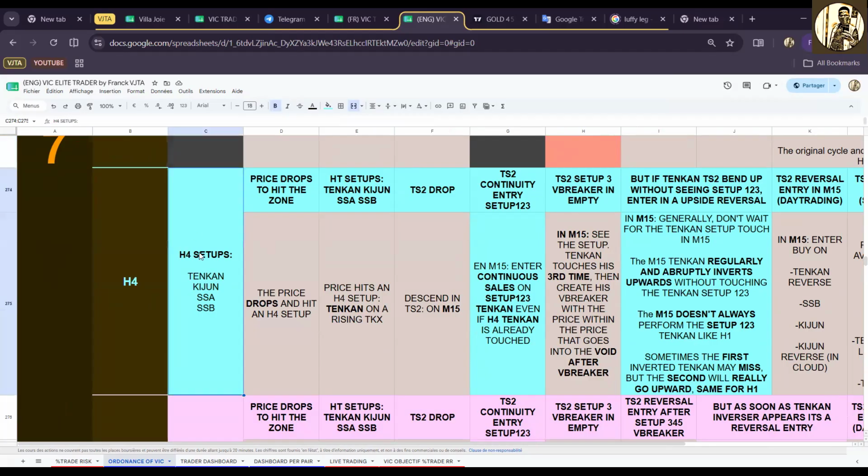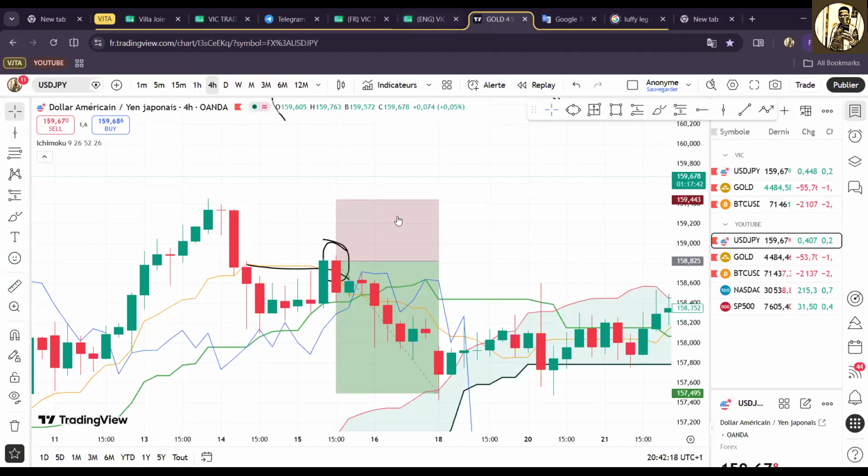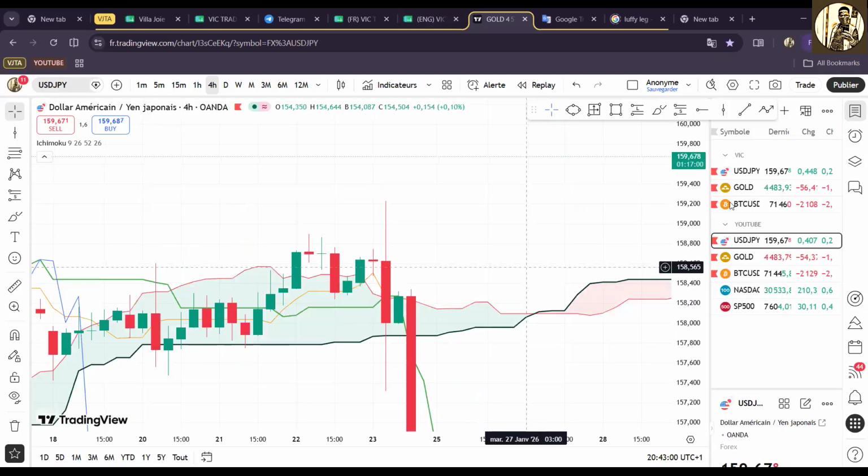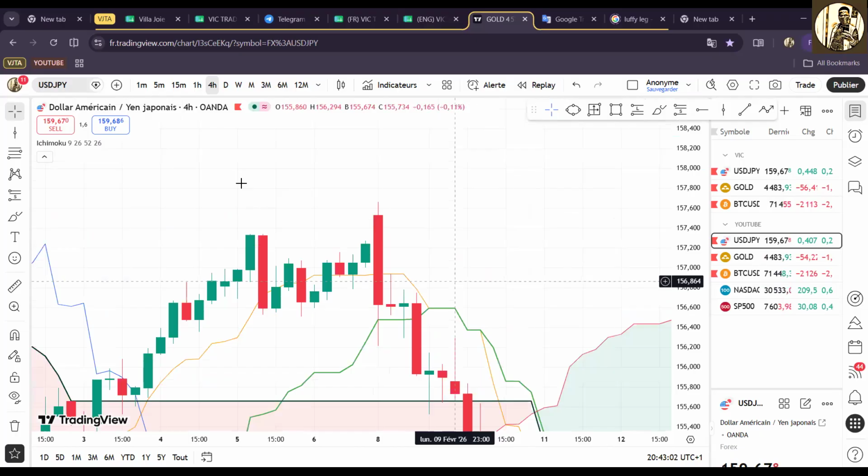Let's now take another setup. The price drops and hits the H4 setup, and that H4 setup that has been touched is the Tenkan setup, this Tenkan setup. So now we are on H4. We need to be on H4.